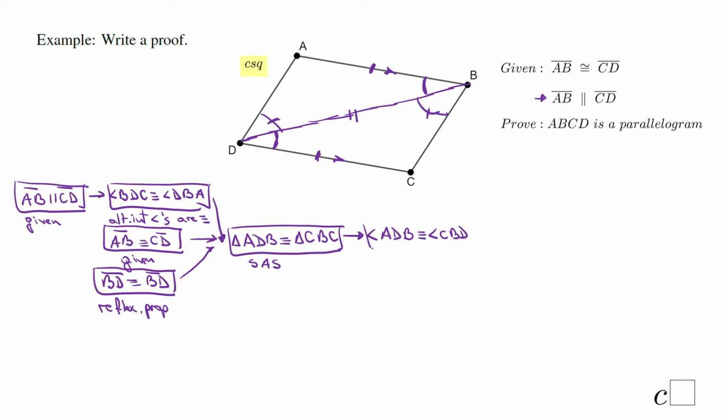And the reason for writing this statement is corresponding parts of congruent triangles are congruent. Okay, and now we know we did this already. Now based on the converse of alternate interior angles, we can write AD parallel with BC.